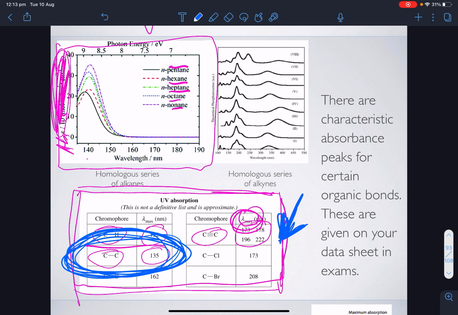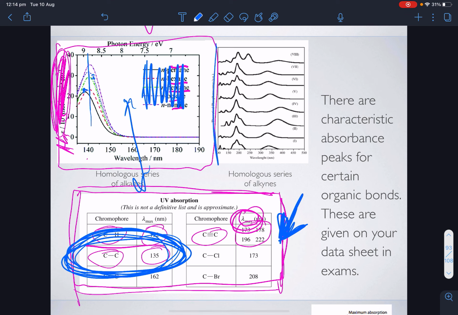So even without knowing what they are, I'd guess that this is a homologous series of alkanes. If they were all perfectly aligned, it might be one alkane with different concentrations, but here we've got some slight shifts back and forth, so I know that's a bunch of different alkanes, okay?